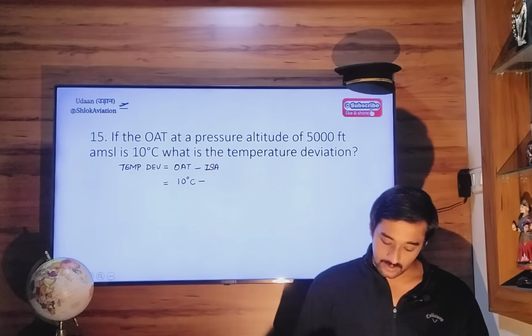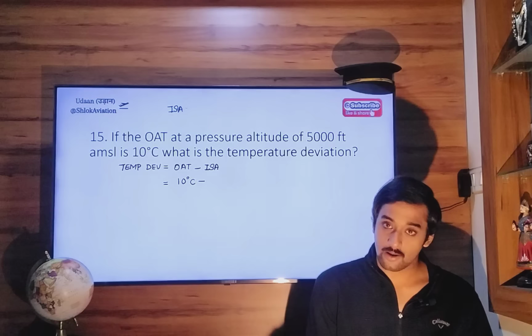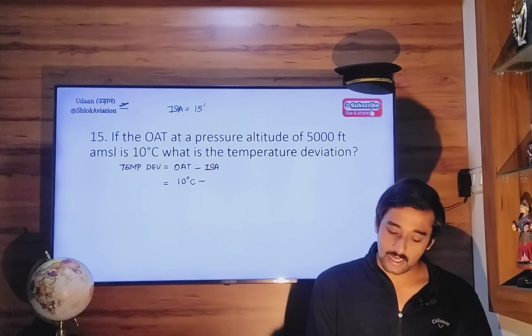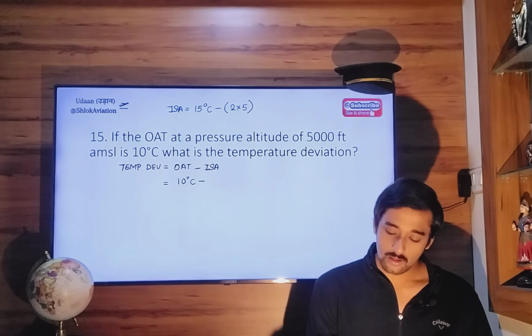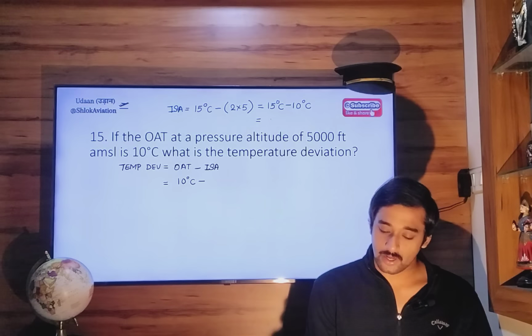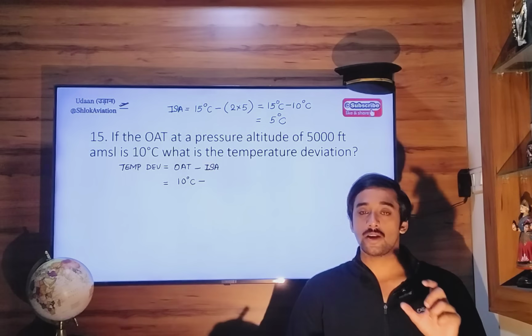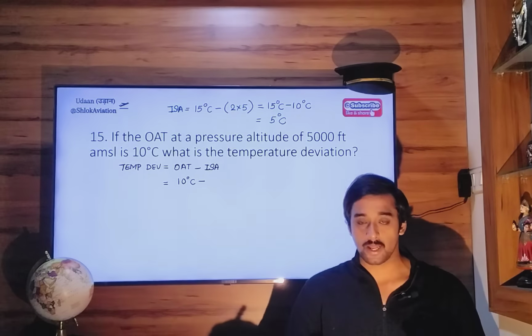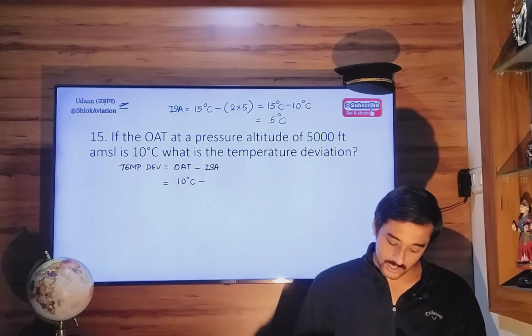ISA temperature at 5000 feet equals 15 degrees Celsius minus 2 into 5. So 15 degrees Celsius minus 10 degrees Celsius, that is 5 degrees Celsius. That means the ISA conditions state that at 5000 feet you must have 5 degrees Celsius temperature. But what you actually have is 10 degrees Celsius.